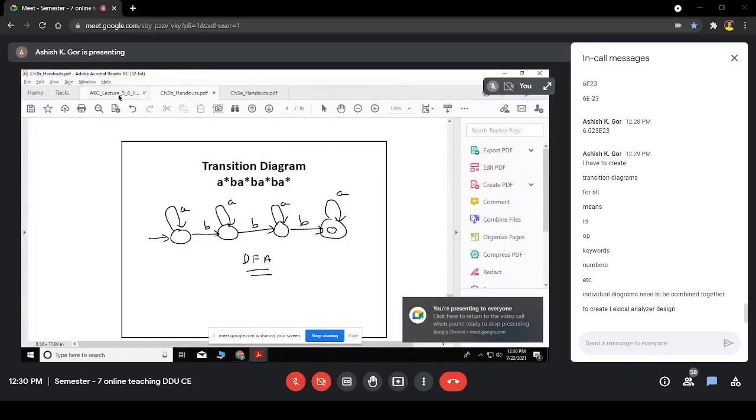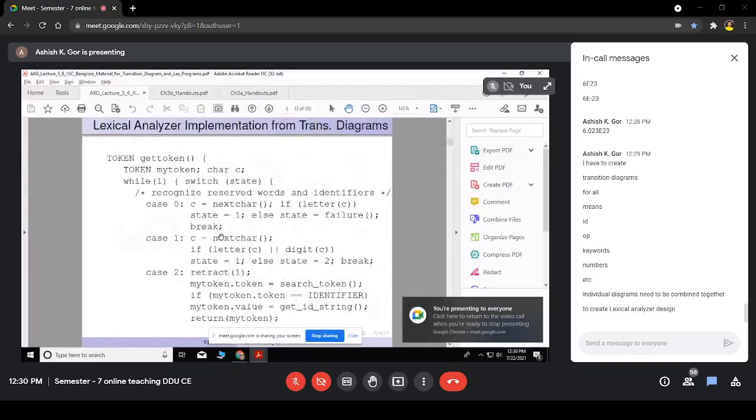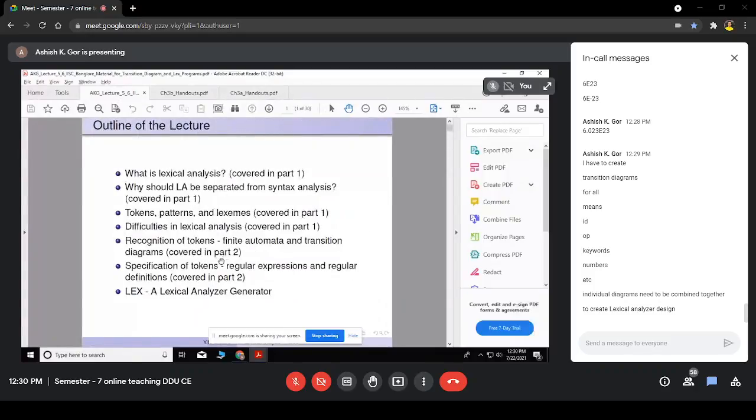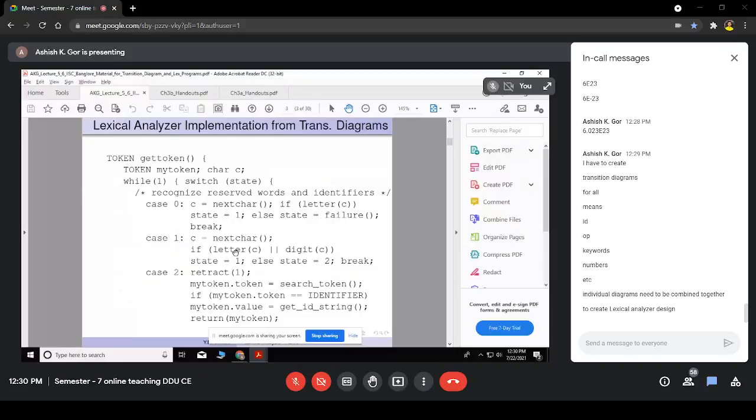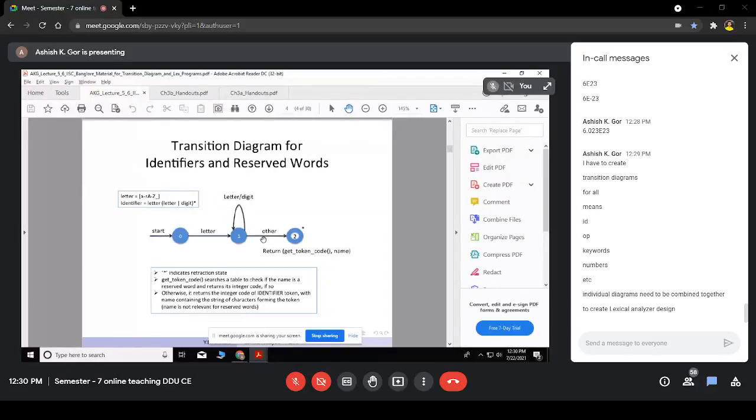These are slides from IISc Bangalore, and they show various things. You see the same thing, right? Start is state zero, then a letter followed by letters or digits. On other, you return a get token code.